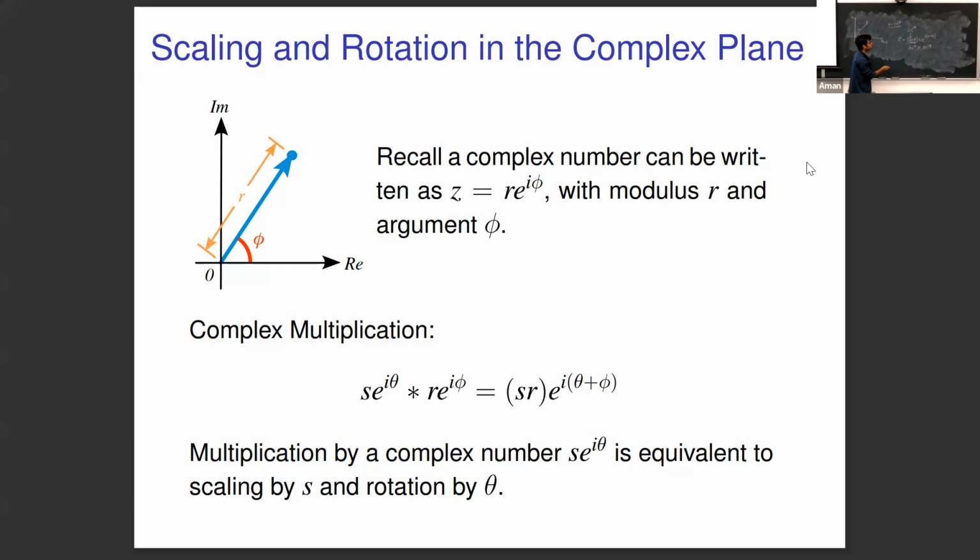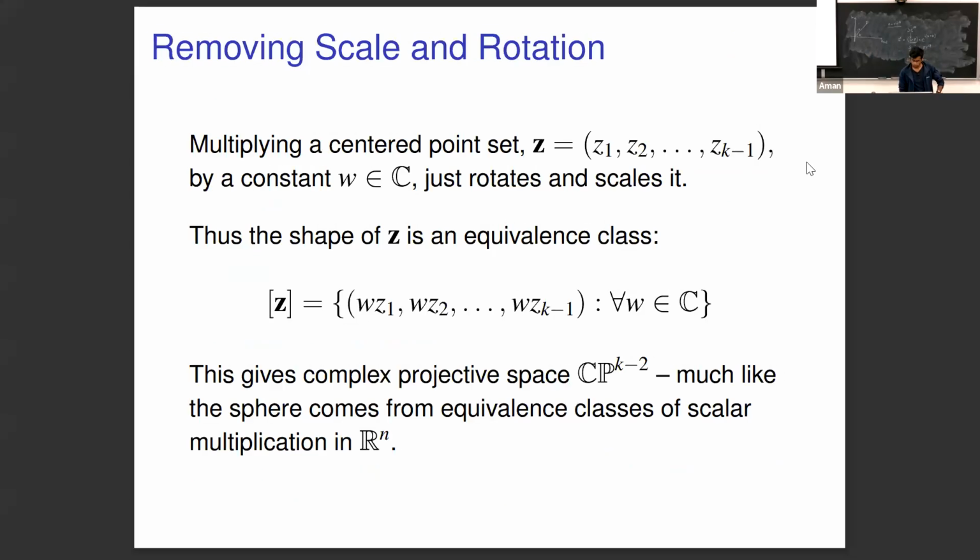So essentially, every time you multiply by a factor like this, s serves as the scaling parameter. And then this is the rotation. Right? All right.